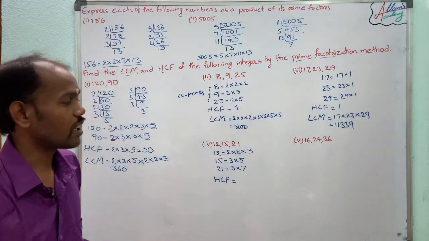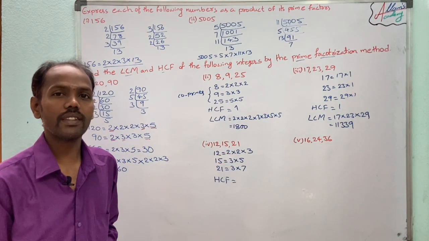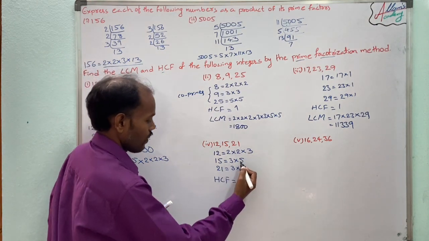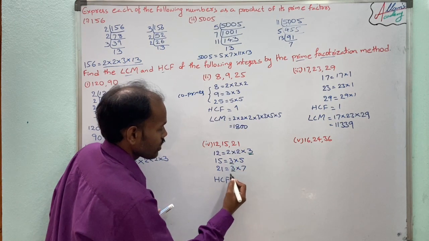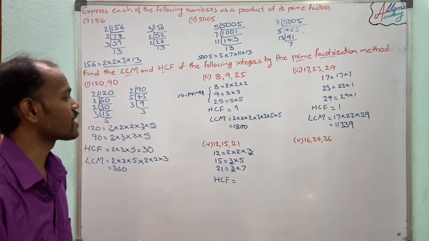HCF means the common pair in the three numbers that we take. The common pair is 3. So HCF of the given numbers is 3.